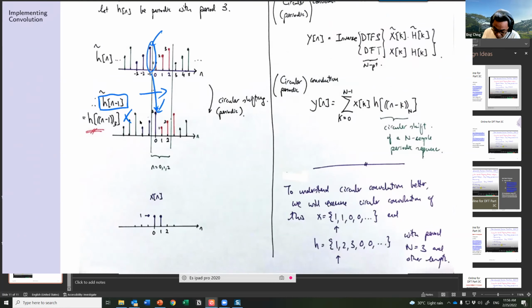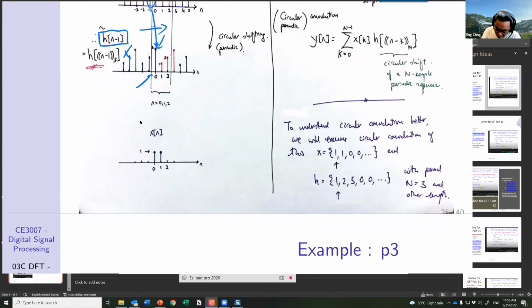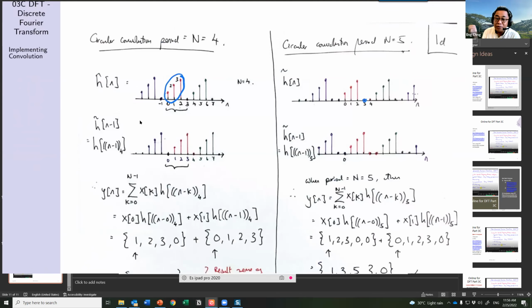So what should I do? I want to shift a 0 inside, right? What do I do? I cleverly, instead of a 3-point FFT or DFT, add an extra 0 here, and then I repeat him. So I'm doing 0 padding. I'm extending my h(n) by 1 extra point. So now I have a 4-point DFT.